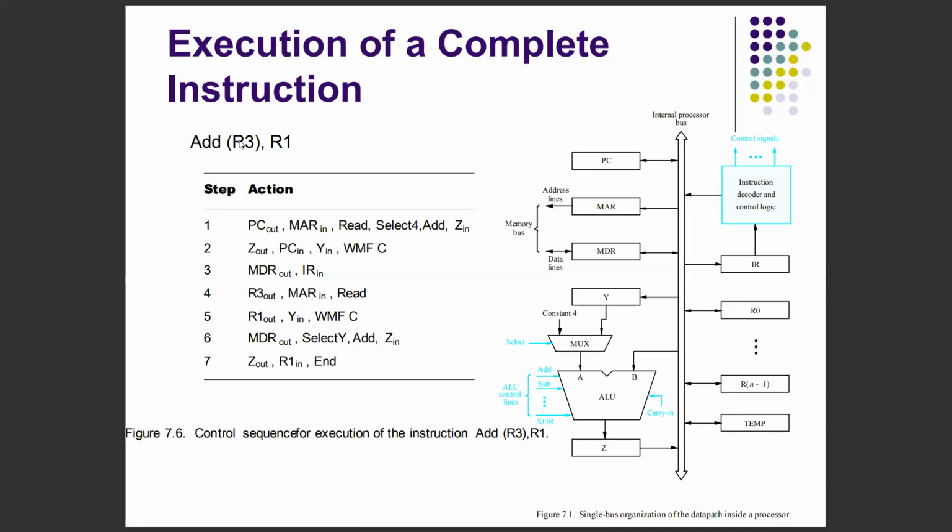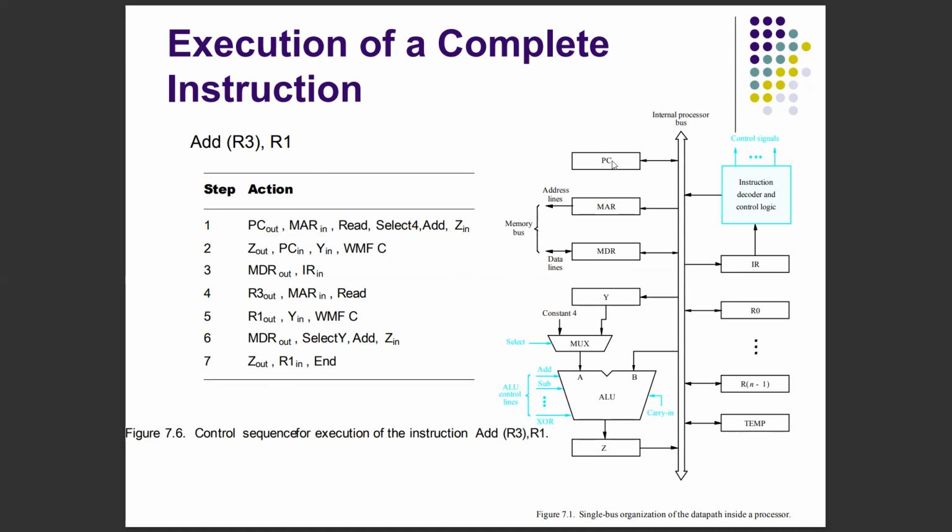We have to fetch that data from the memory location indicated by the R3 register and perform the addition with the value of R1. That is our aim: to perform the addition between the value of R1 and the value at the memory location given by R3. For that, what operations are needed? We have to see them one by one.